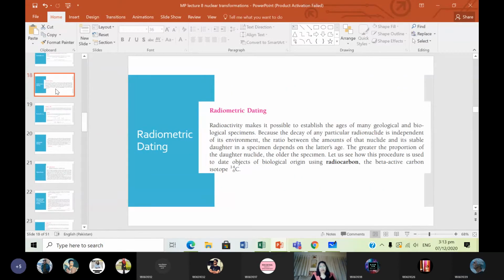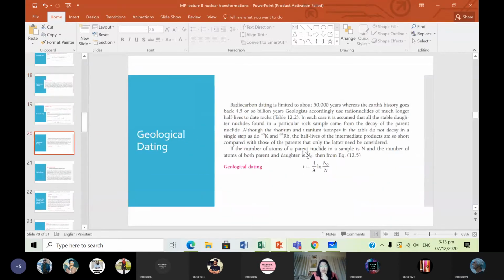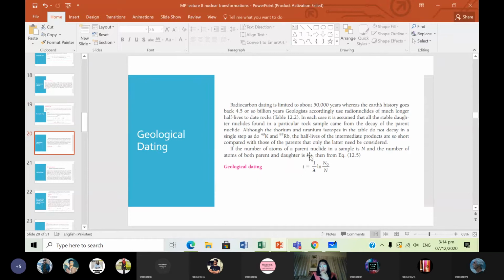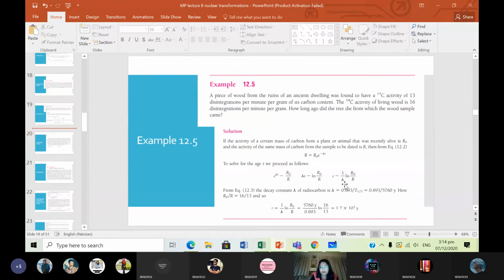You're welcome. So basically what we're saying here is that we have this equation for the age of a particular sample of nuclei. You can write it in terms of N naught over N, or in terms of R. In terms of R and R naught, it would be given by this formula.